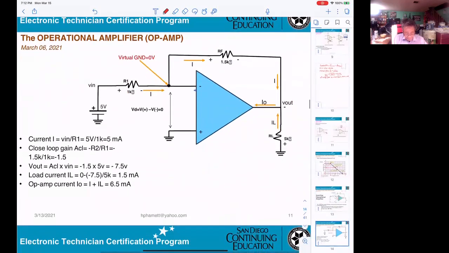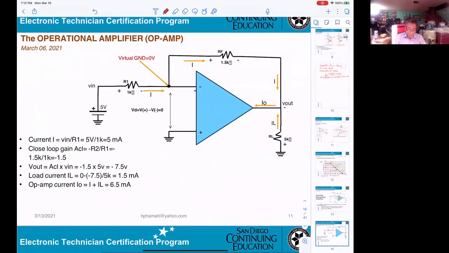Now, I will try to prove for you how we get the gain. First, this one is ground, 0 volt here. And the difference between the positive input and negative input is 0. That means if you get 0 here, then you should get 0 volt here.